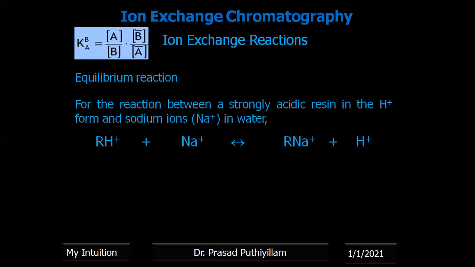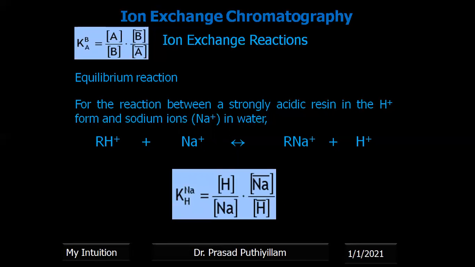In this case, the corresponding selectivity coefficient can be written as K_NaH equals H upon Na, and concentration of Na bar upon H+. So here the coefficient is written in such a way that the H+ is replaced by Na+. So that is the representation of the selectivity coefficient.